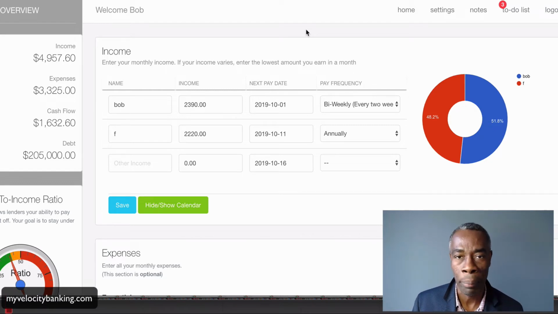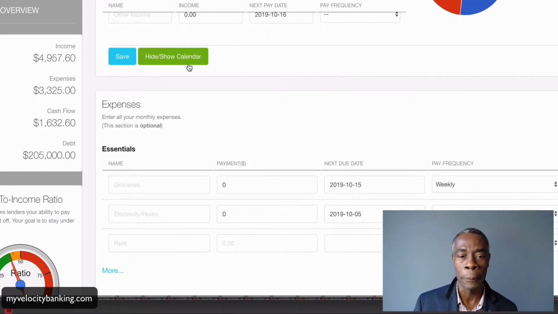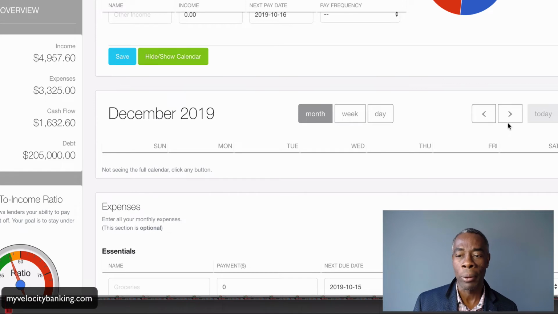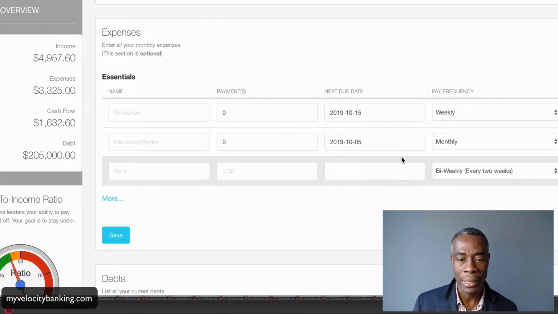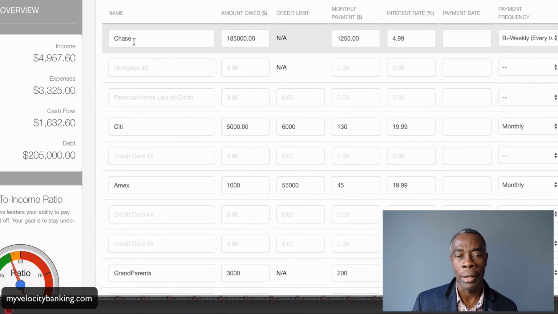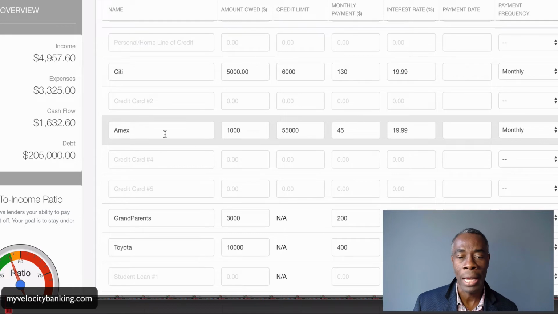We're going to use an example, because that's going to be more valuable in understanding how chunking actually works. This person has a Chase mortgage, a Citibank credit card, and an Amex.